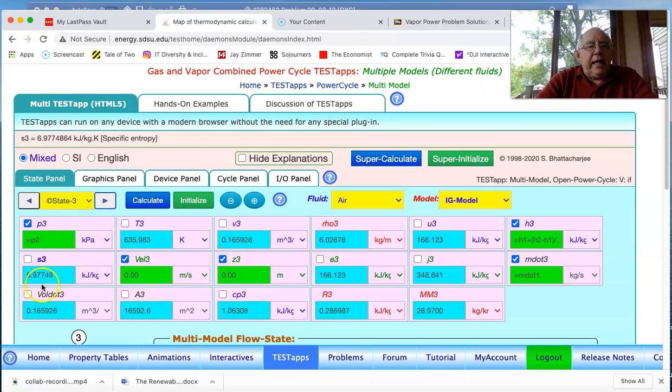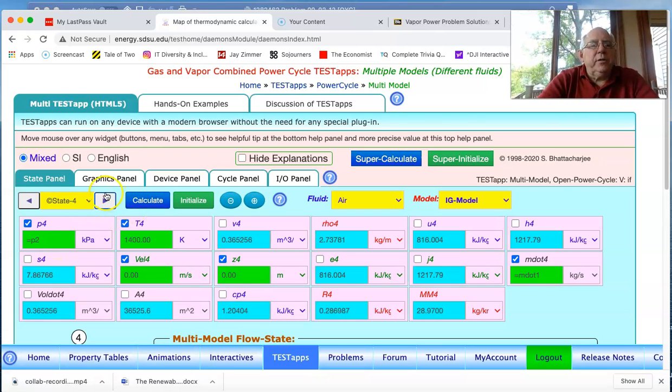State 3 is the actual work. Obviously, I've changed the enthalpy based on the isentropic as well as the corresponding 80% efficiency of that compressor. State 4 is the high temperature coming out of the combustion chamber going into the gas turbine. And again, it's coming in at pressure 2, which is the output pressure of the compressor.